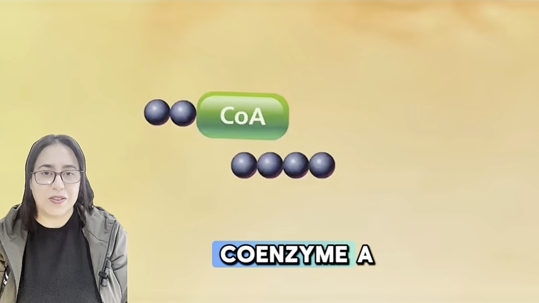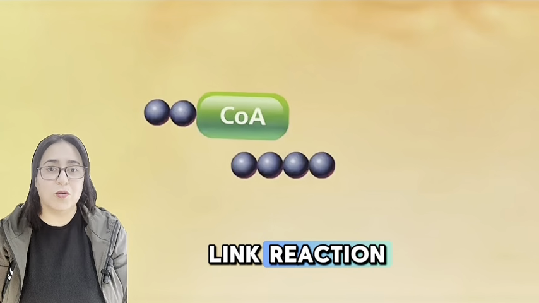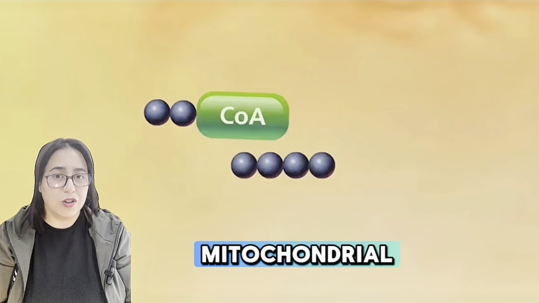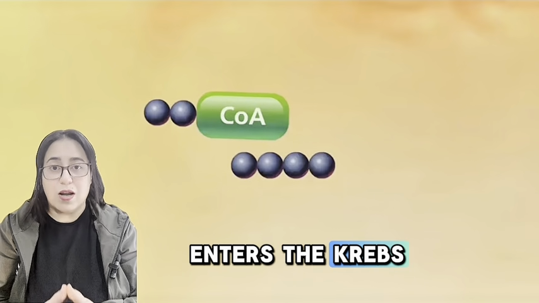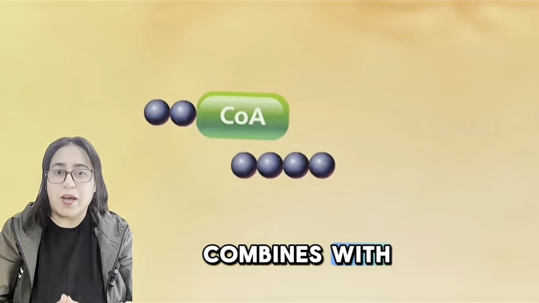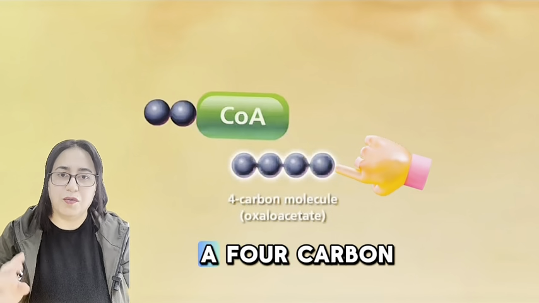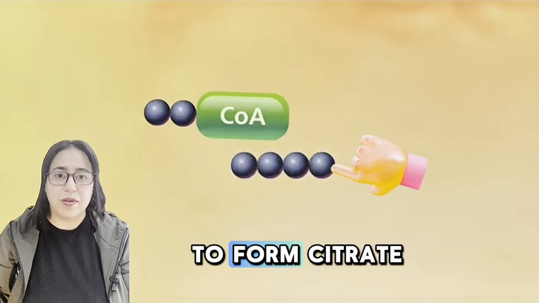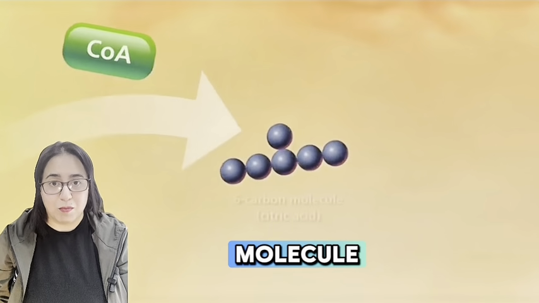The acetyl coenzyme A, coming from the link reaction and still in the mitochondrial matrix, enters the Krebs cycle. The 2-carbon acetyl group combines with oxaloacetate, a 4-carbon molecule, to form citrate, a 6-carbon molecule.